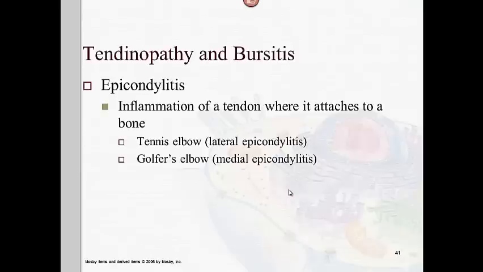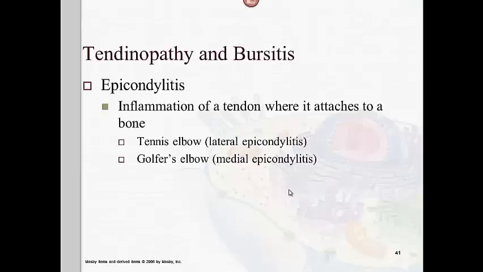Epicondylitis is basically an inflammation of the tendon where it attaches to the bone. There's lateral epicondylitis and medial epicondylitis. Lateral epicondylitis results from inflammation and micro tearing of fibers in the extensor tendons of the forearms. The symptoms include pain at the lateral epicondyle of the elbow, which can radiate into the forearm.